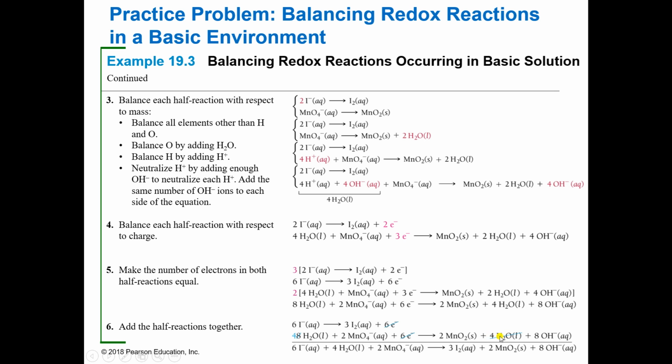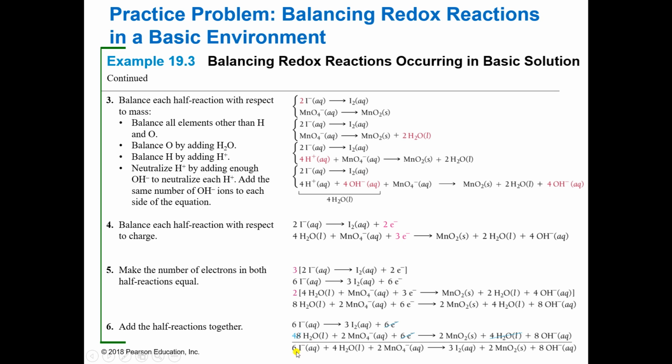So these all go away, and there's a leftover of 4 here. Remember, it's anything other side of the arrow and opposite other side of the arrow. So these electrons are opposite, these waters are other side. So the 4 waters cancel out and go away.